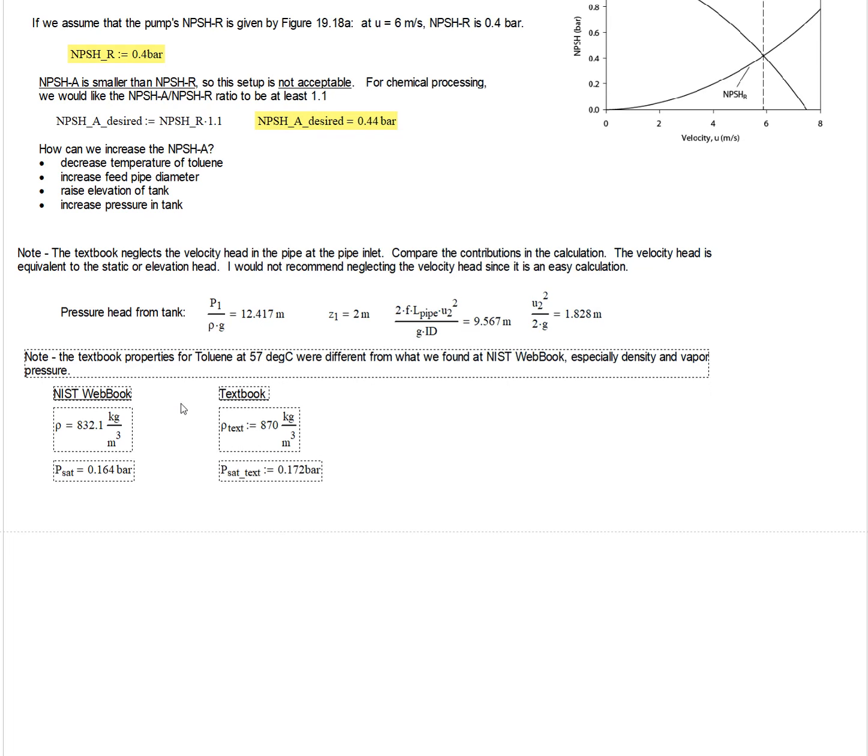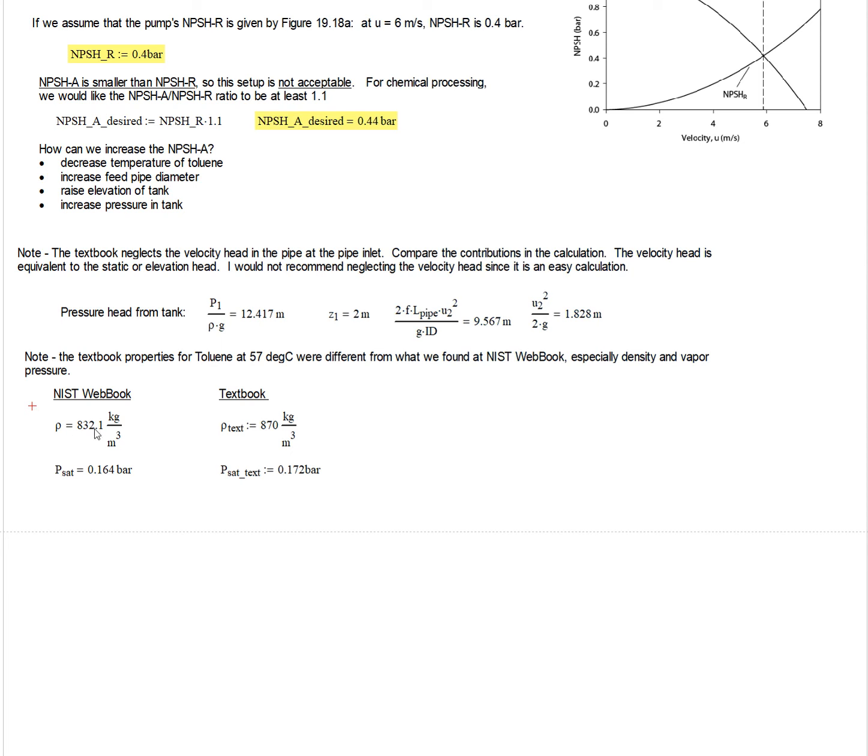Another thing that I noticed in the textbook is that their properties of toluene were a little bit different. Again, I think the NIST webbook site is, as far as I have found in recent years, one of the more reliable sites. If we can't trust NIST, I don't know who else we can trust.